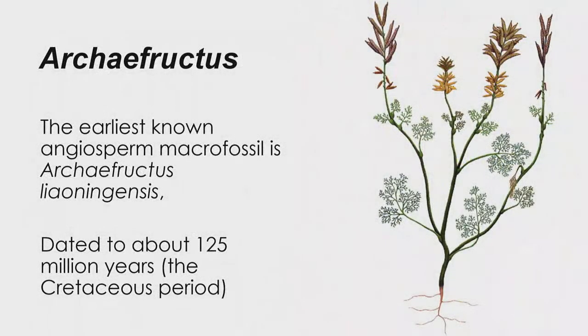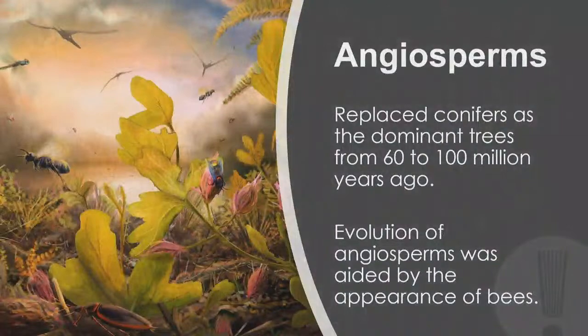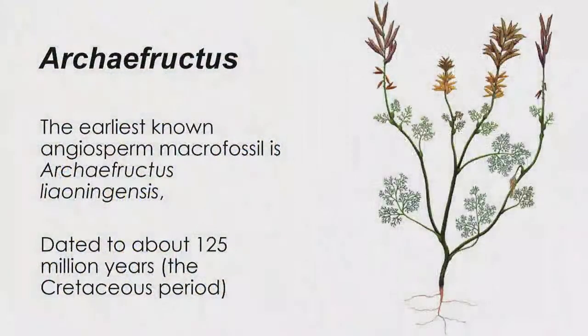They make up most of the plants we have on the planet. Archaefructus, the earliest known angiosperm macrofossil that's not so much debated like that other one I discussed, dated to about 125 million years ago, Cretaceous period. I wish I had a fossil of it, but I don't.